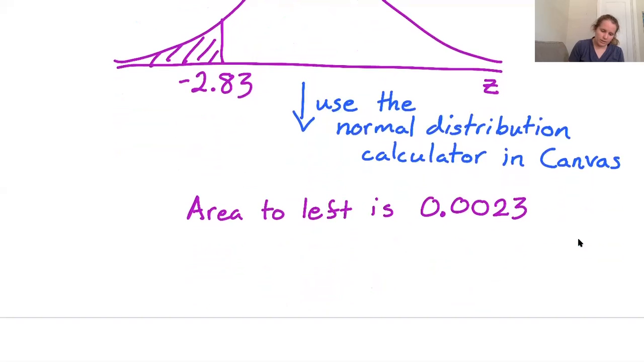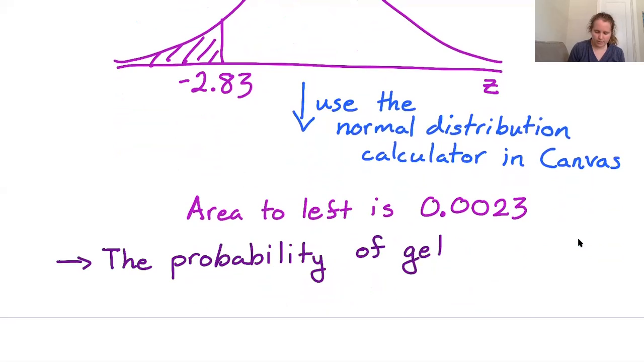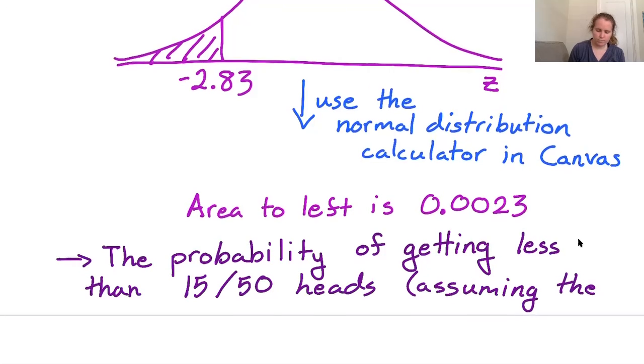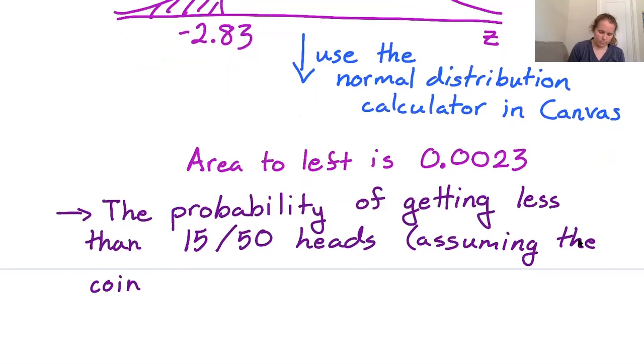So that means that the probability we were searching for, the probability of getting less than 15 out of 50 heads, assuming the coin is fair, is 0.0023.